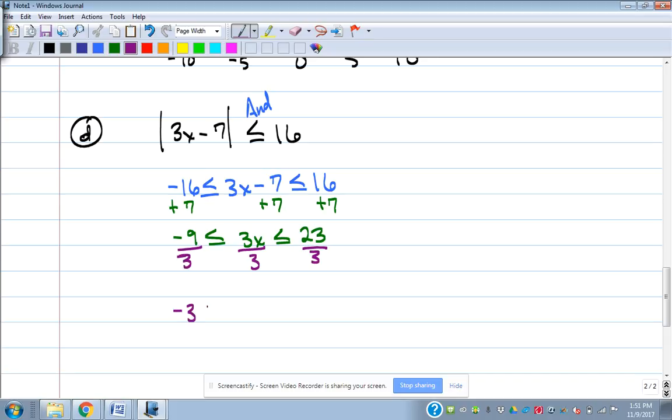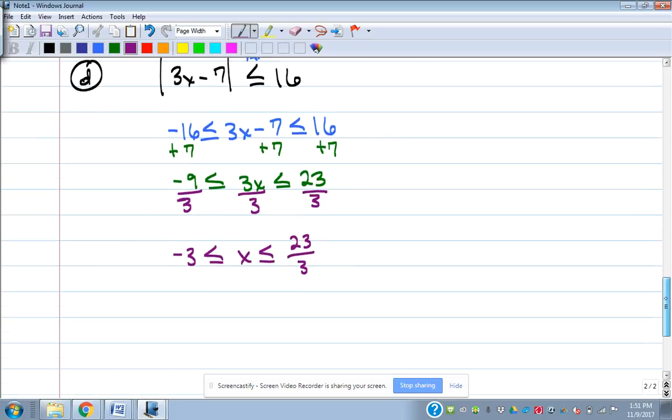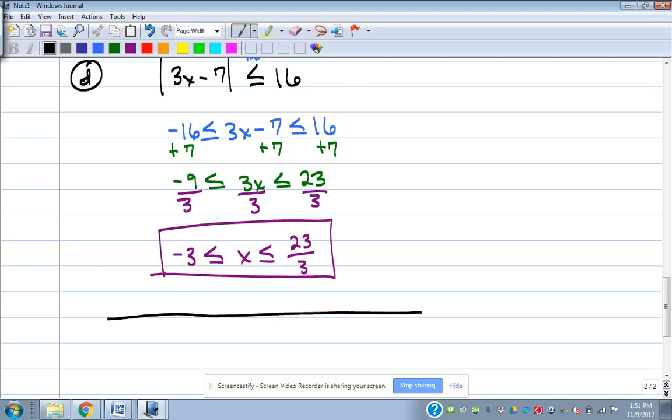So it'll be -3 less than or equal to x less than or equal to 23 over 3. So what is 23 over 3? 7 and 2/3, 7.67, something like that.